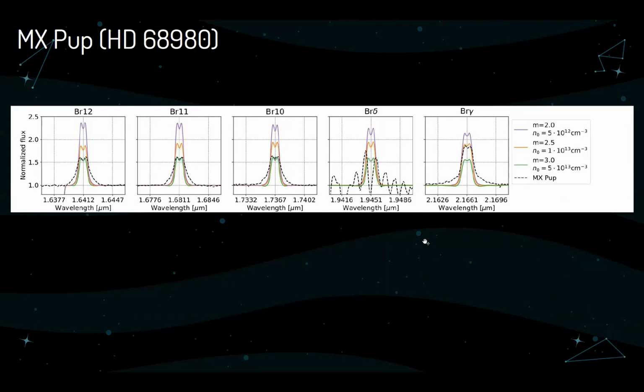It is possible to see that there are wider wings of the lines. It can be related with the inclination, because if you increase the inclination, then the lines are wider. So these wider wings could come from different inclination. Yeah, that's one possibility.